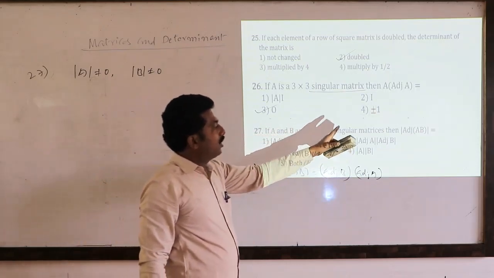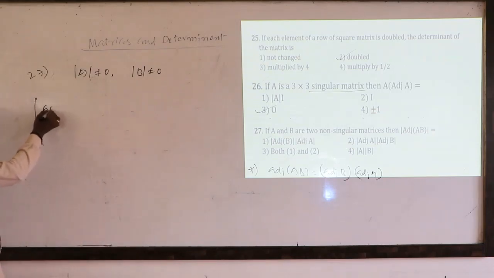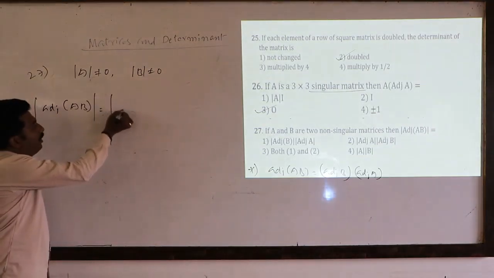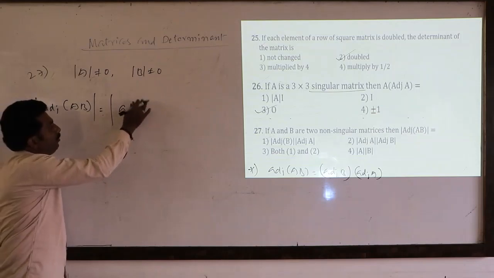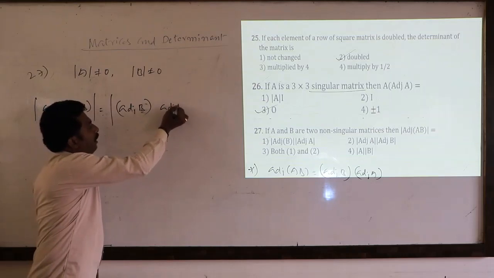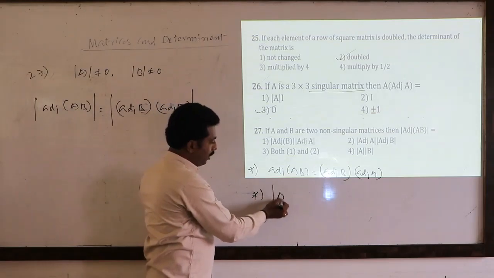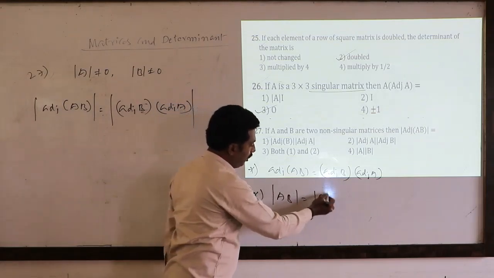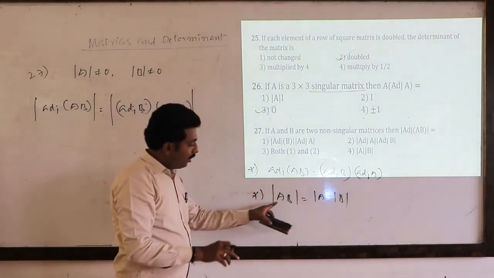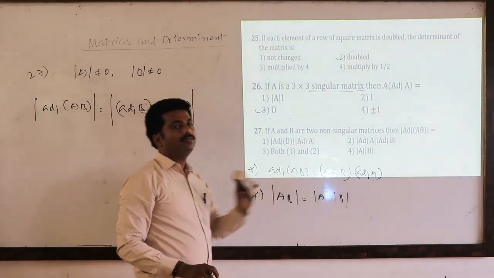So what they are asking is the determinant of adjoint of AB. What do we have to write? Determinant of adjoint of B, first B we have to write, into adjoint of A. Again one more formula: determinant of AB equals determinant of A into determinant of B, meaning for a product of two matrices, it is the determinant of the first matrix and the determinant of the second matrix.